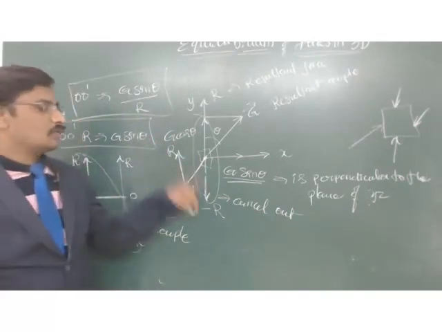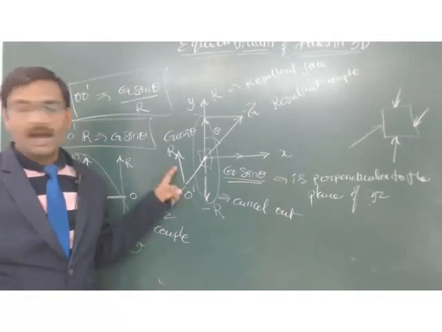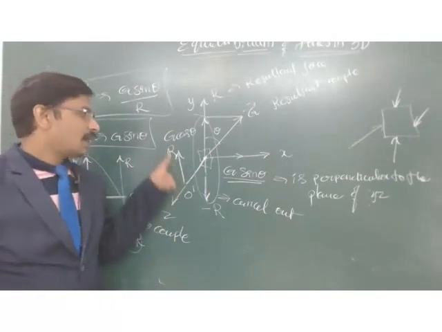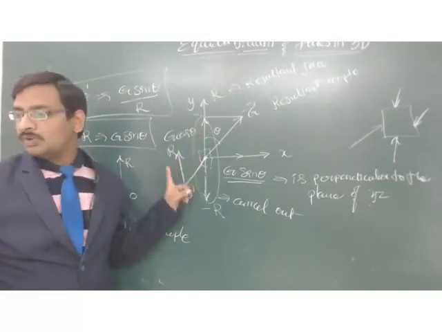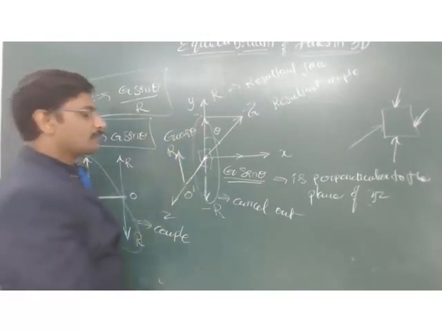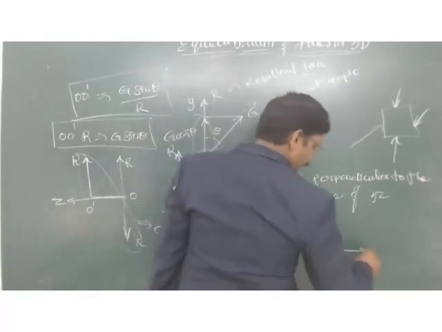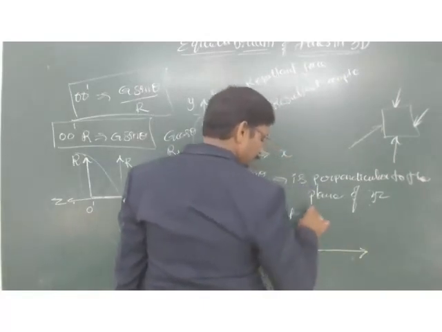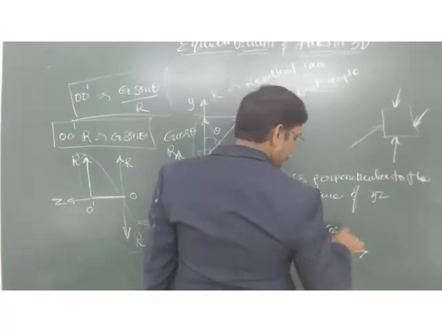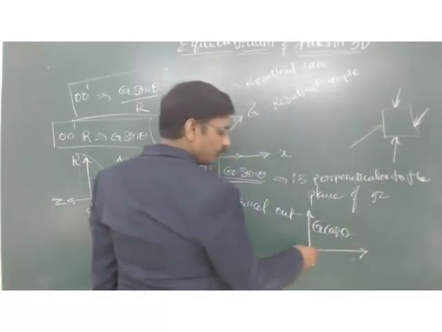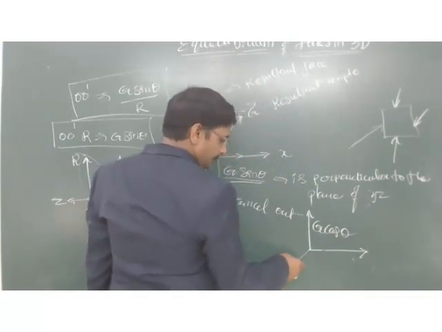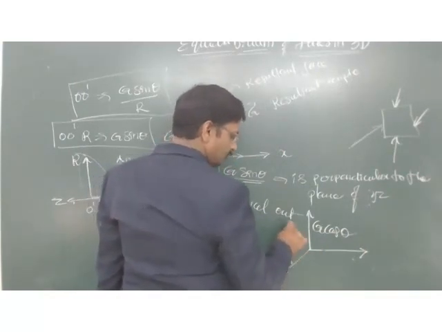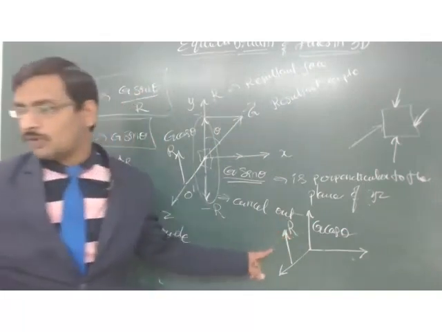Now if these two forces are cancelling out, then I am left with only one R value along with a component of the couple which is acting parallel to this R. That means I am left with two things now. One is G cos theta and another is, so actually a perpendicular line like this, and here this value equal to R. So these two are left over now.